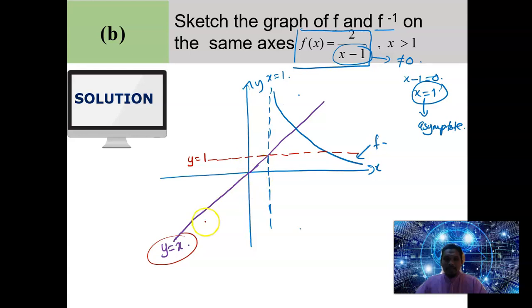The graph I'm going to sketch using the red ink will not touch the line y equal to 1, just like the graph of f(x) will not touch the line x equal to 1.